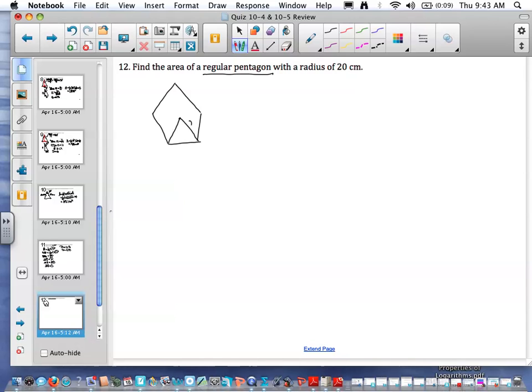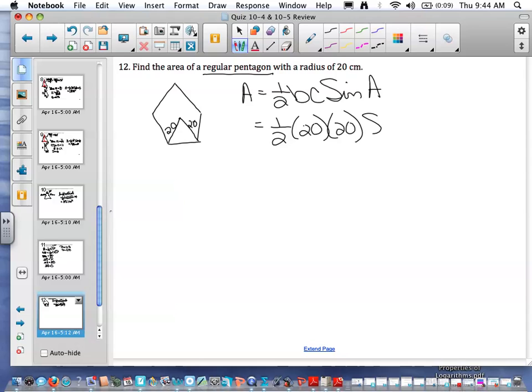Since I'm given the radius, I'm going to go ahead and use the area is equal to 1/2 b times c times sine of a. So I have 1/2 times 20 times 20 times sine of, I need that central angle measure, so I'll take 360 divided by the number of sides, and that will give me that central angle measure right there is 72 degrees.